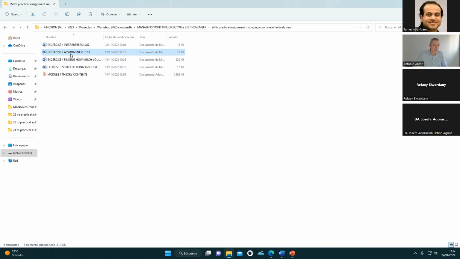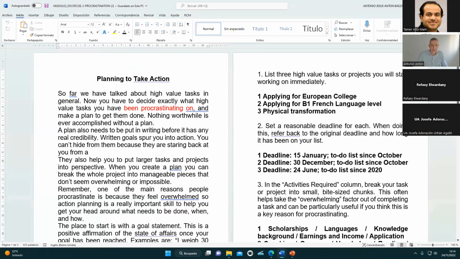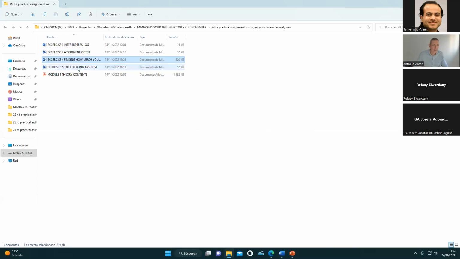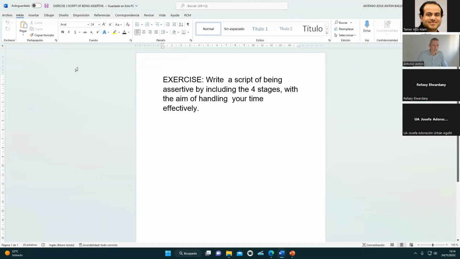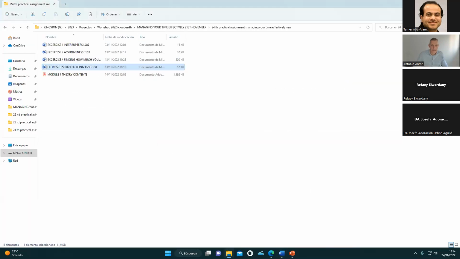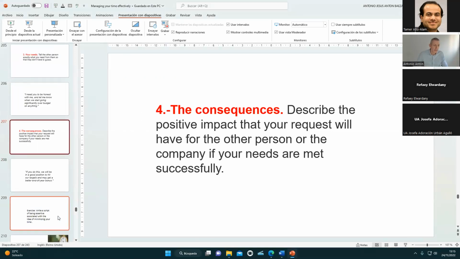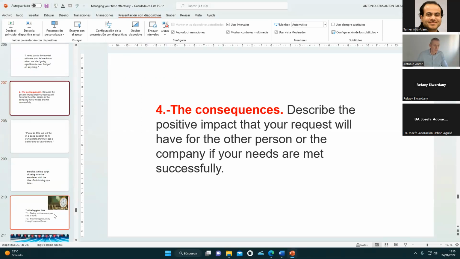This is the assertive interrupter, relax, finding how much your time is worth. This is the last position, okay, and the script of being assertive in 4 stages. So this is our last exercise for today. So it's clear. So let's start on the last point here.